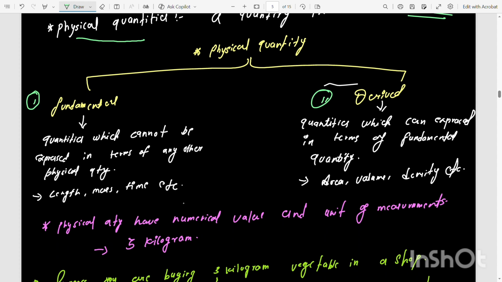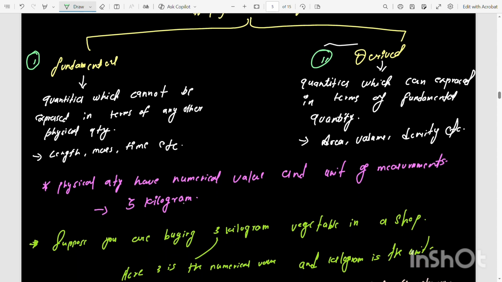So now first we will explore what are fundamental quantities and what are the examples that come in fundamental quantity. The quantities which cannot be expressed in terms of any other physical quantity are known as fundamental quantities.